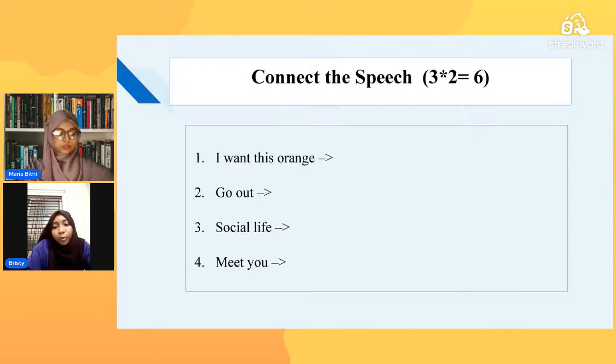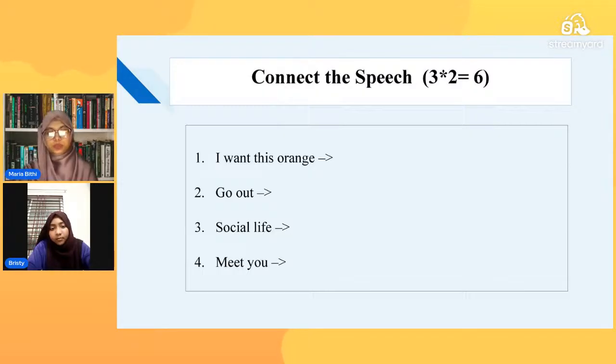We know when two words, the first word's last sound is a vowel and the second word's first sound is a vowel, then we should join a sound, like go out. Then social life. When two same consonant sounds are connected, then one consonant sound will disappear, like social life. Okay, fine.